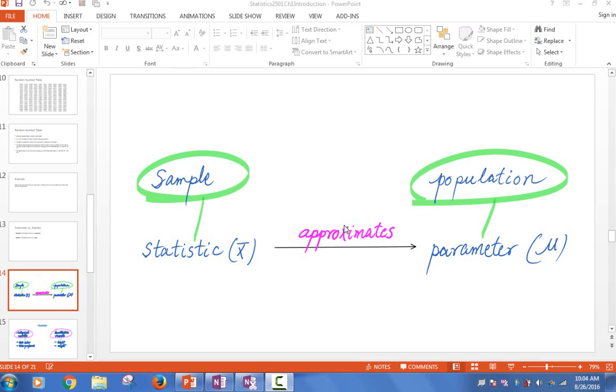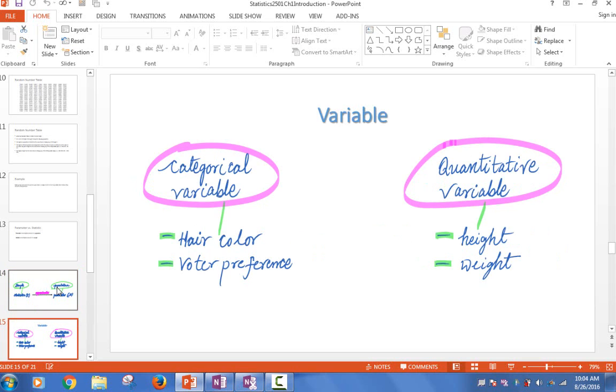Okay, so we know what a variable is. Anybody remembers what a variable is?